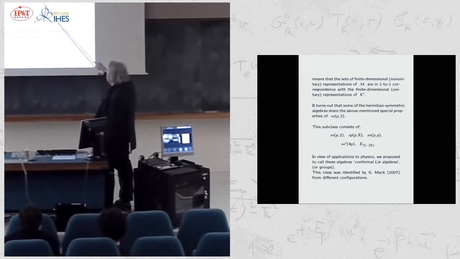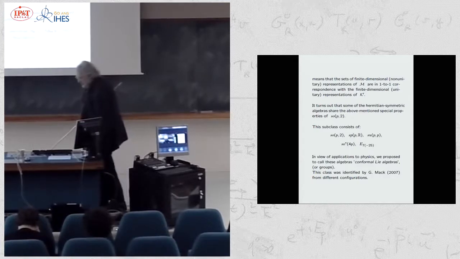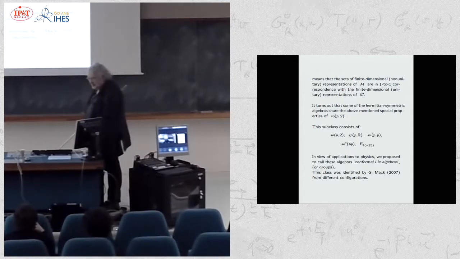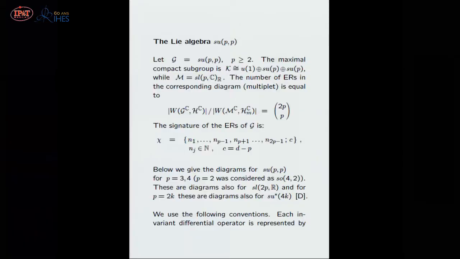Of course, here, this was Mn, now this was PQ, now it's only PQ. This is only for 4 times P, and E6 disappeared. So I call this conformal algebras. This class was identified also by Gerhard Mack. He gave it another name, and he had other considerations about how to extract this class. But obviously, it's very important. And also Gunaydin had it, but I forgot even what he had in mind.